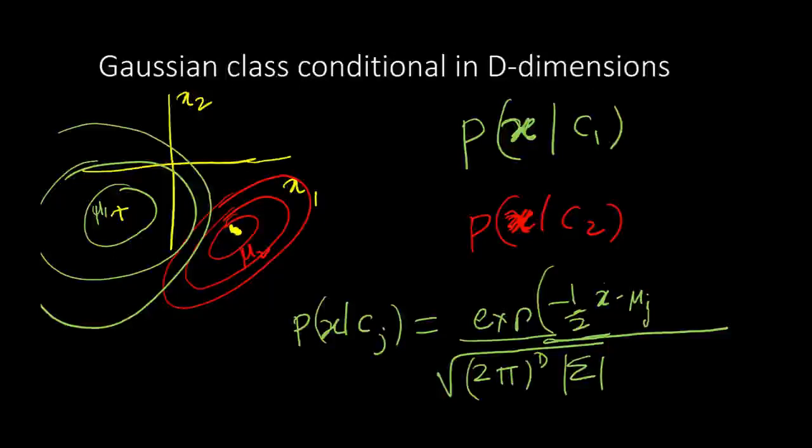So x minus mu j, transpose, sigma inverse, x minus mu j.